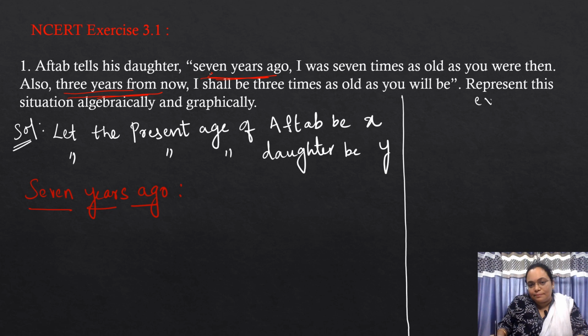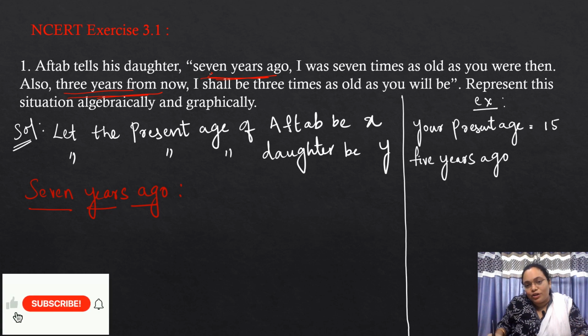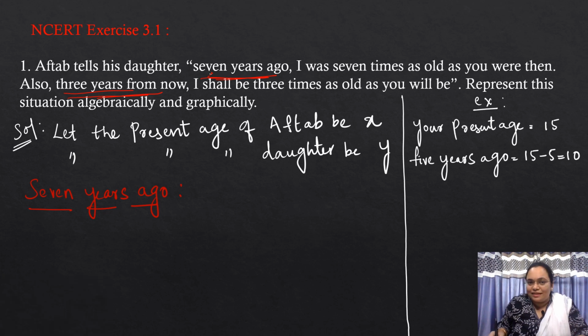For example, your present age is 15 years. What was your age 5 years ago? You will say 15 minus 5, I was 10 years, right? So if I ask you, what will be your age 2 years after?